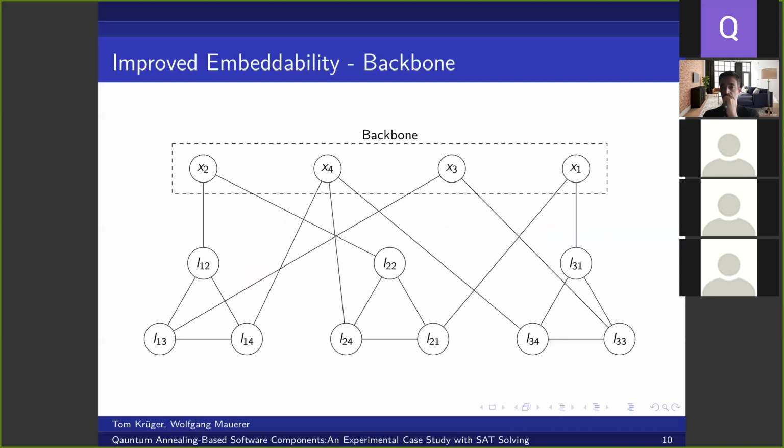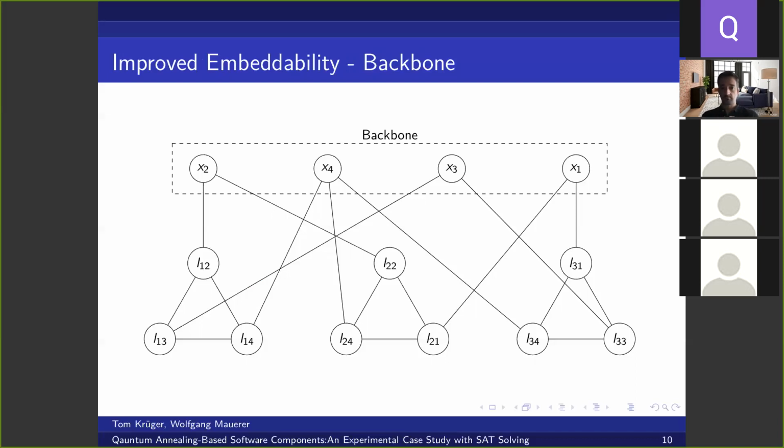So we know now that connectivity is really a limiting factor, but we have a reduction which leads to highly connected QUBO graphs, and we want to reduce the overall connectivity of this graph.